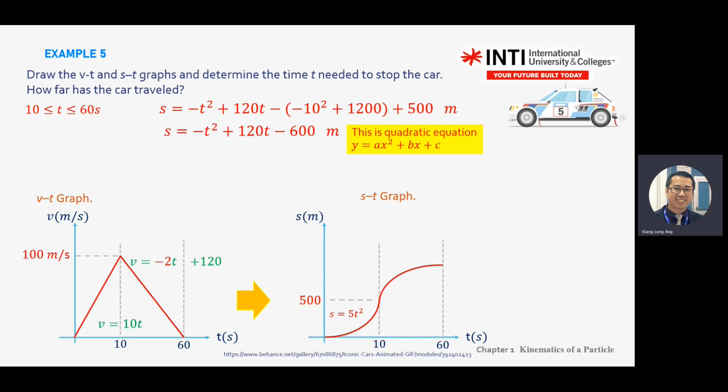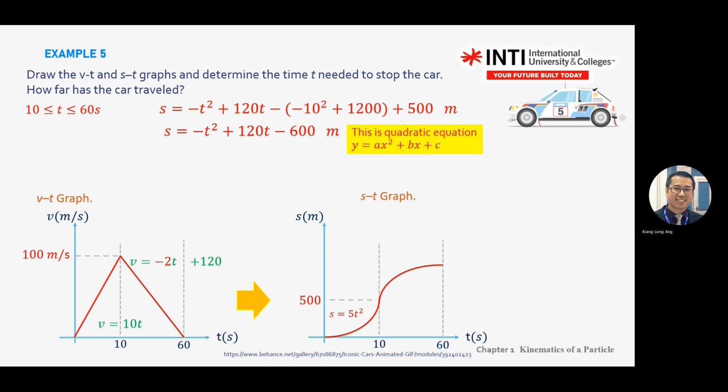Okay, next step, I'm going to show you how I give you marks in the exam. On the graph, each axis will cost you 1 mark. With the axis, each timeline will give you 1 mark, including the value. The curve, 1 mark.